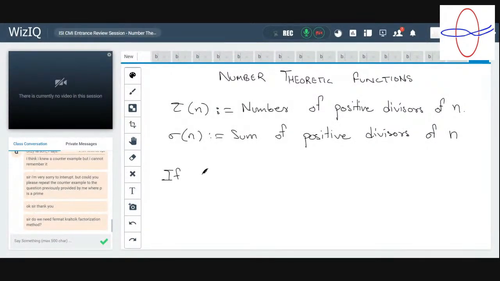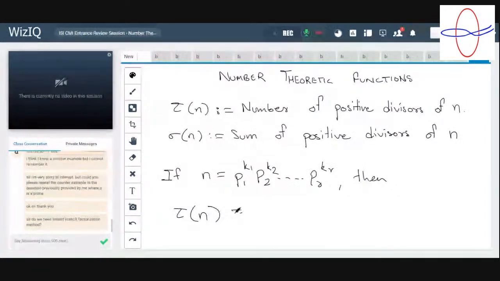So if n can be factorized like so, with primes up to pr and exponents up to kr, then tau of n is equal to (k1 plus 1)(k2 plus 1) and so on till (kr plus 1).